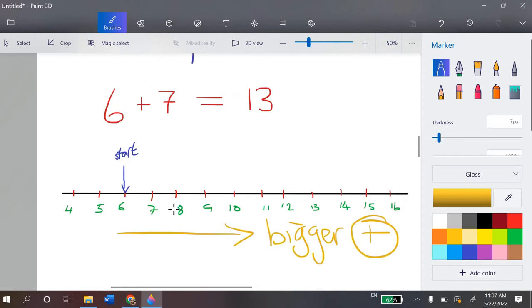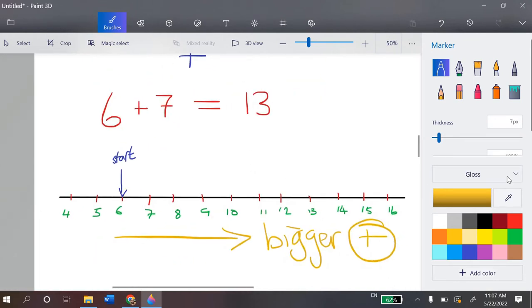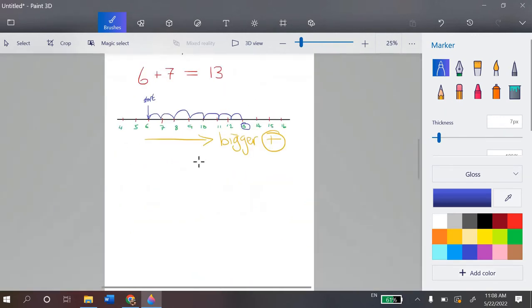We go this way for plus. So we start at 6 and go plus 7. It's going to get bigger by 7, so we just bounce up here: 1, 2, 3, 4, 5, 6, 7. And we end up here at number 13. Okay, let's go to the next question.